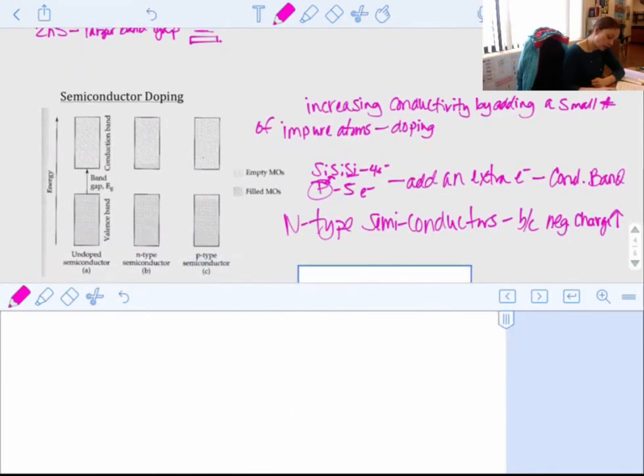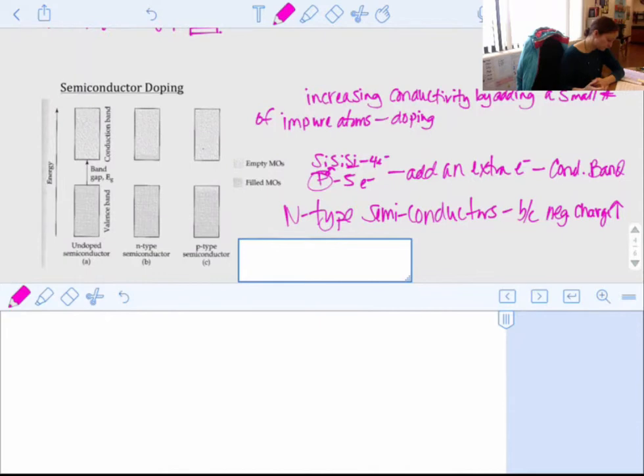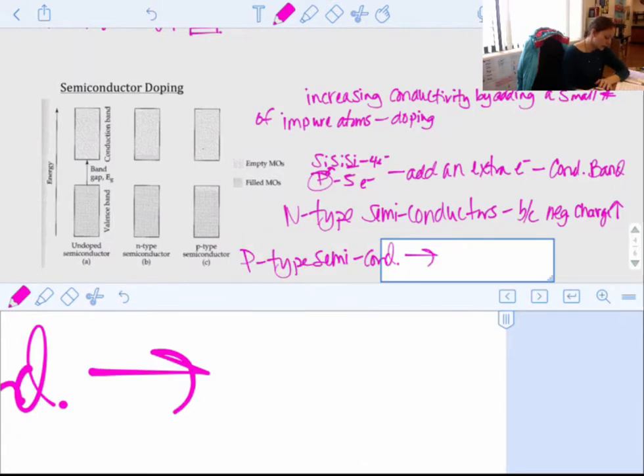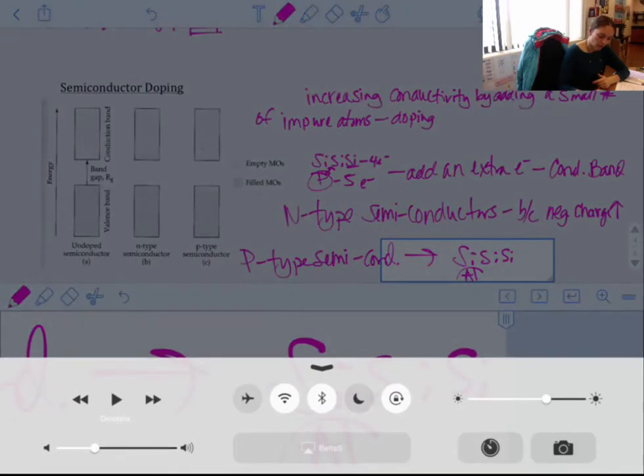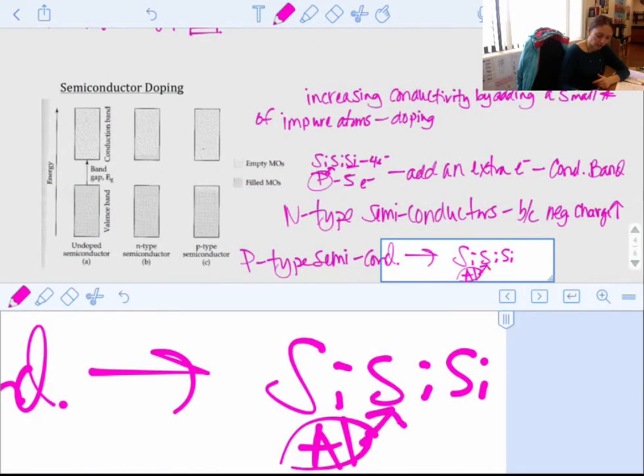You can also go the other direction and dope a semiconductor so that there are fewer valence electrons than the original one. We call those P-type semiconductors. How that works is, if you have Si again, this is what they call a host material, and I want to add aluminum in place of one of those Si's.